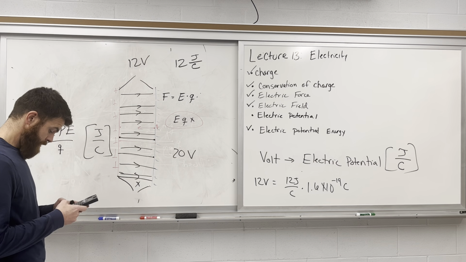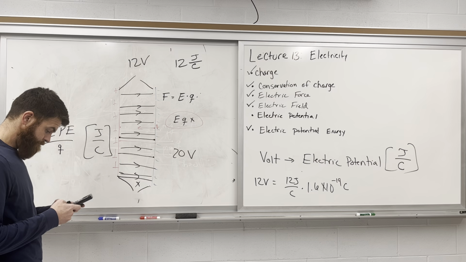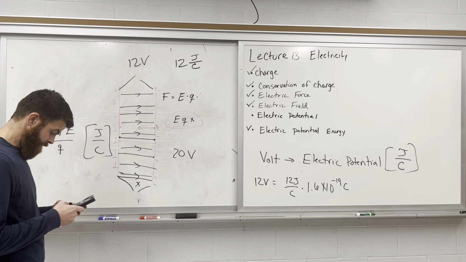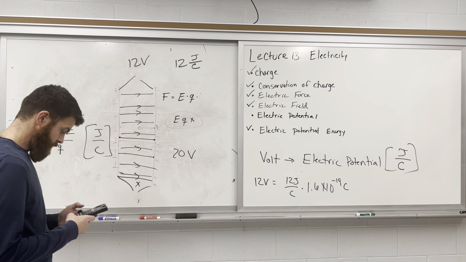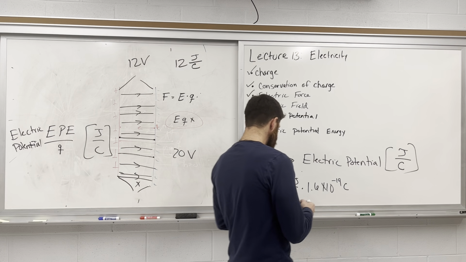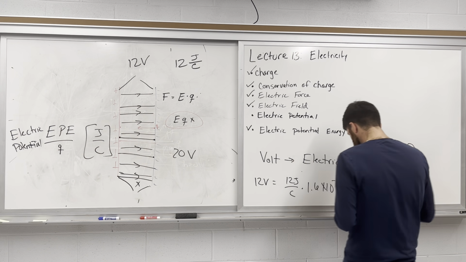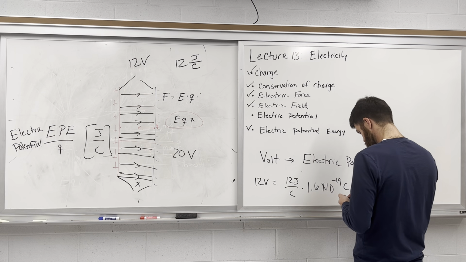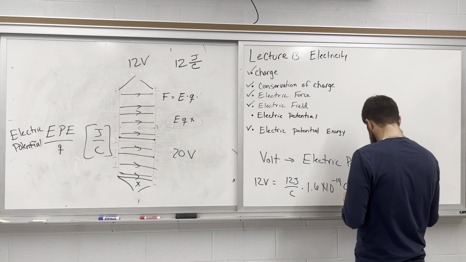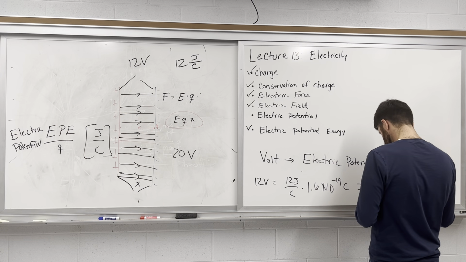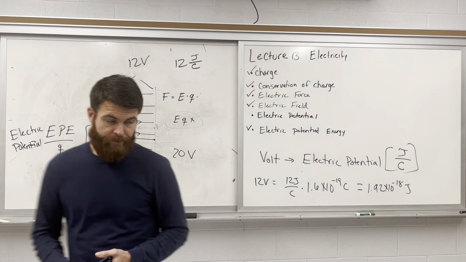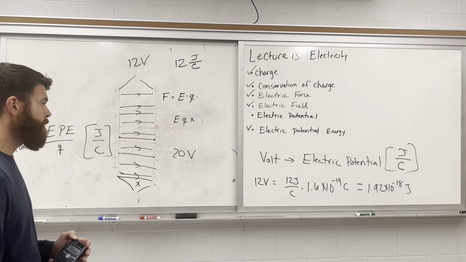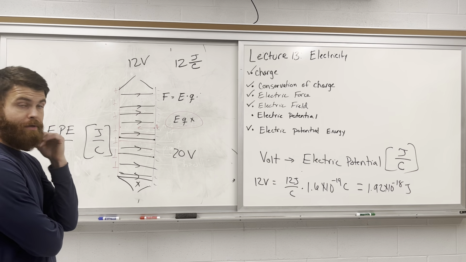We can give one electron 1.92 times 10 to the negative 18 joules of energy. Right? So that's how much energy a 12 volt battery can give to one electron.